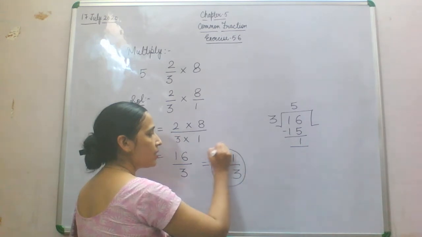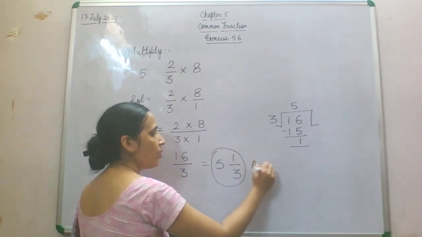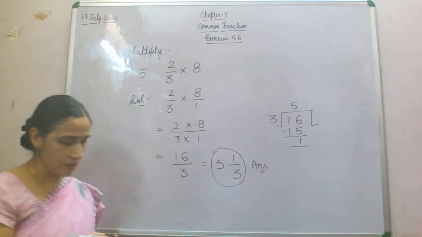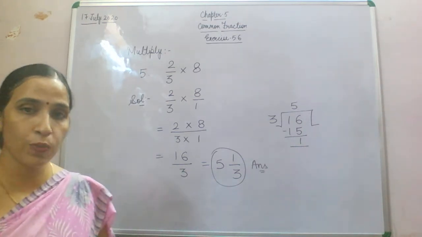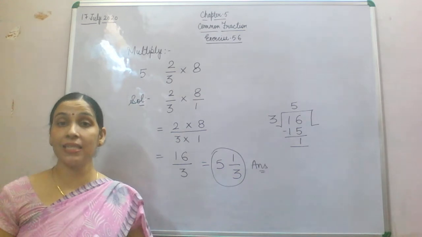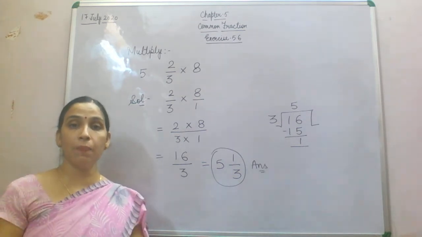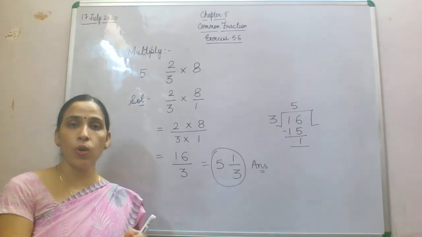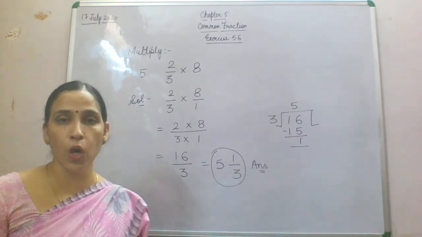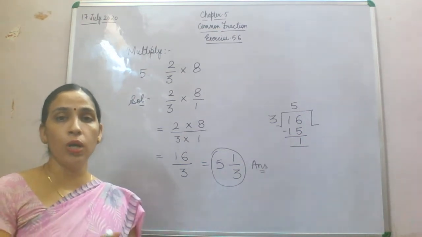So here the answer of this question is 5 1 by 3. So let's see this question again. This question is an example of multiplication of a proper fraction by a whole number.